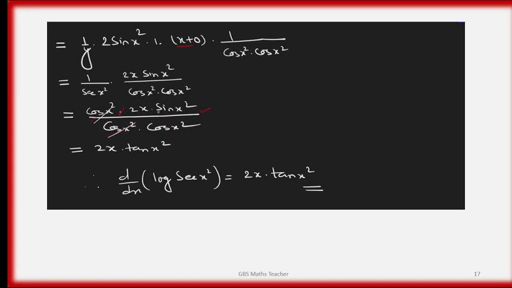These two cancel. 2x times sin x² by cos x², that is 2x times tan x². Therefore dy/dx of log sec x² is equal to 2x tan x². This is the derivative of log sec x² from the first principle.